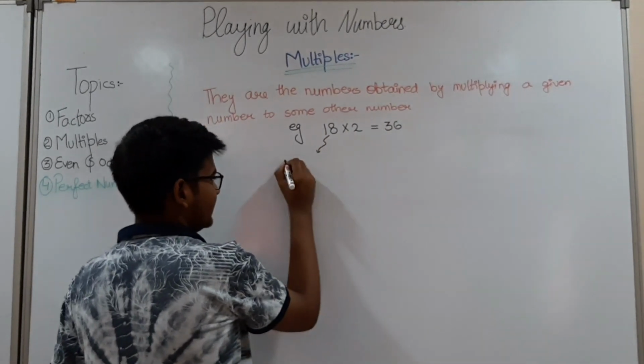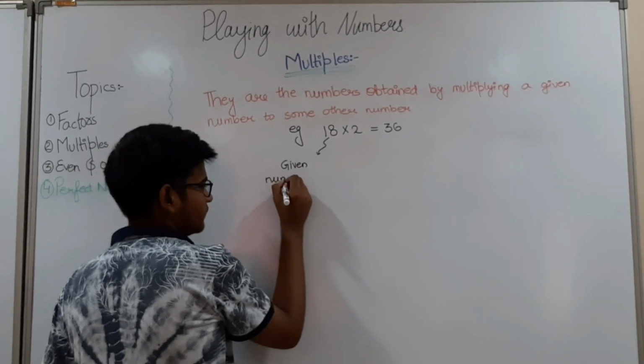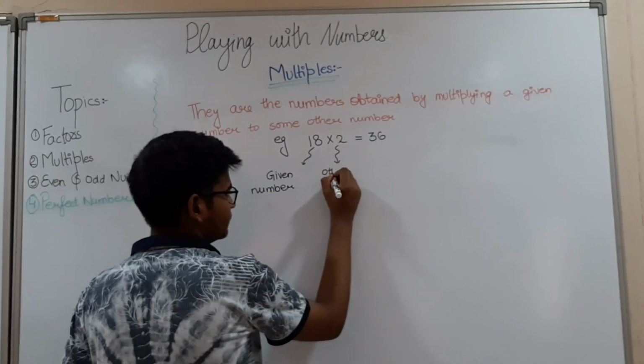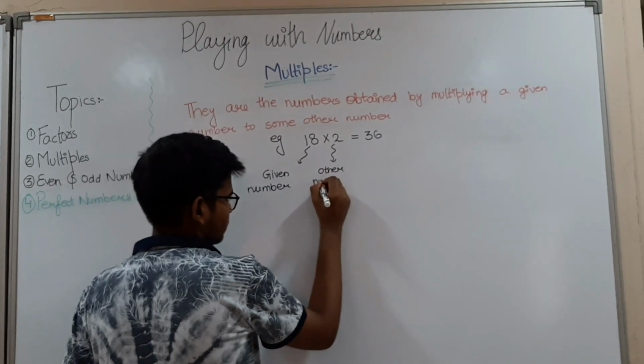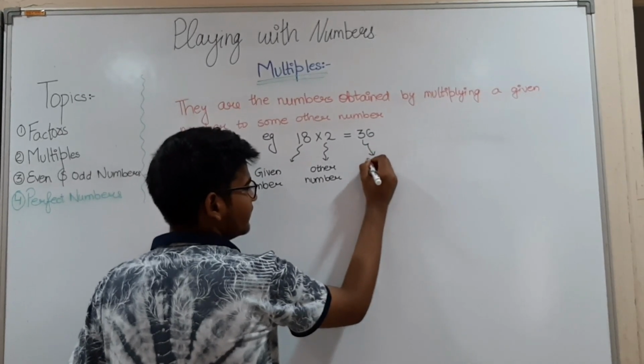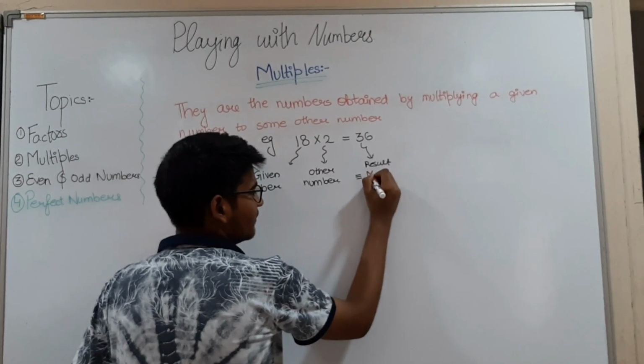Here 18 is the given number, 2 is the other number, and 36 is the result, that means a multiple.